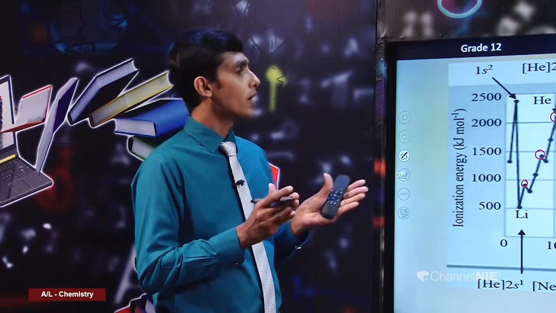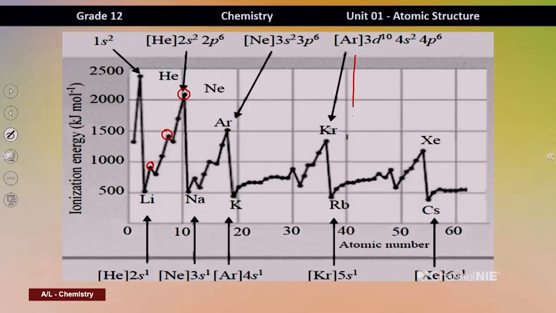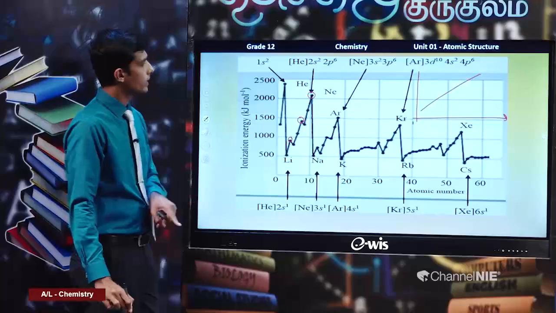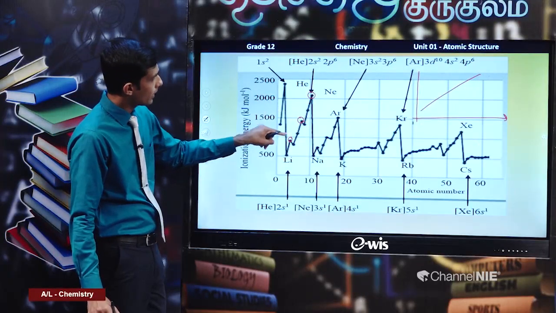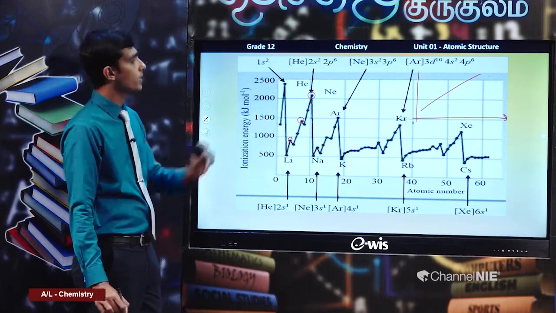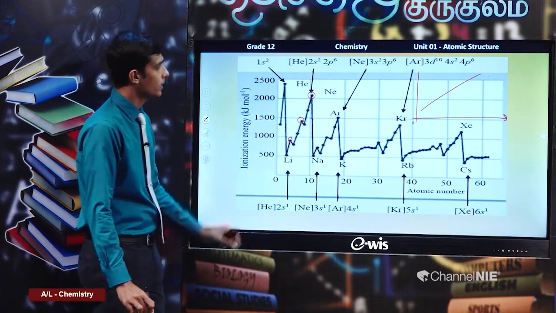So we could have expected a steady increase like this, but now there are some places where the increment is greater. Those places have elements with more stable electron configurations, right? That is the idea there.